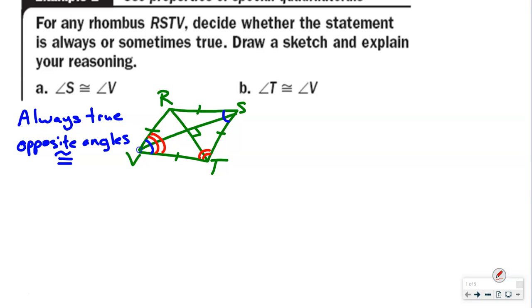Each diagonal is going to bisect a pair of opposite angles. And we know the opposite angles are congruent, but that doesn't mean in a rhombus that the consecutive angles are congruent. We know the consecutive angles have to be supplementary, but they don't have to be congruent in a rhombus. In a rectangle, they would have to be. So this is only going to be sometimes true.